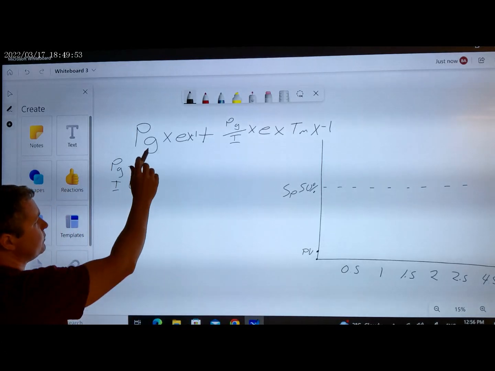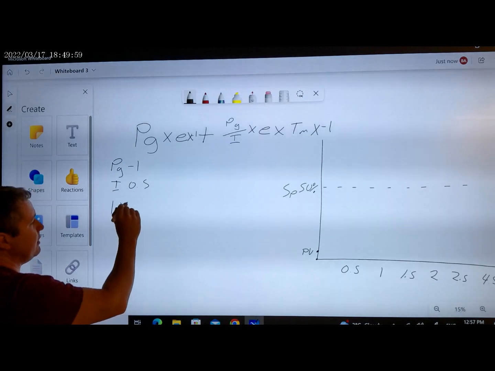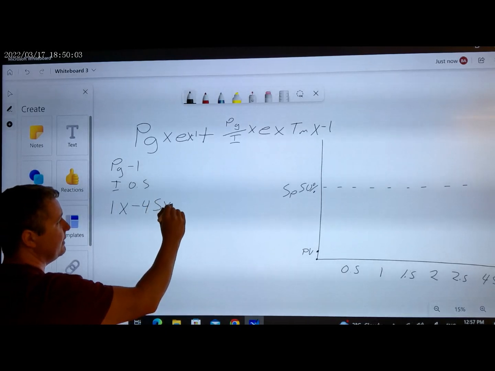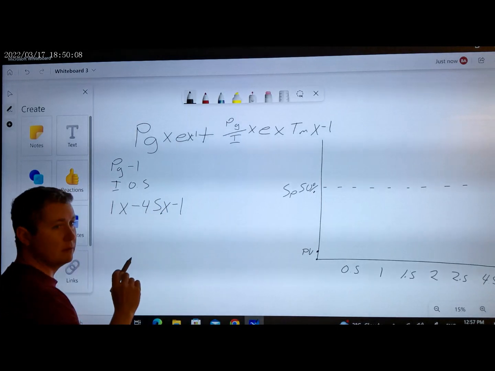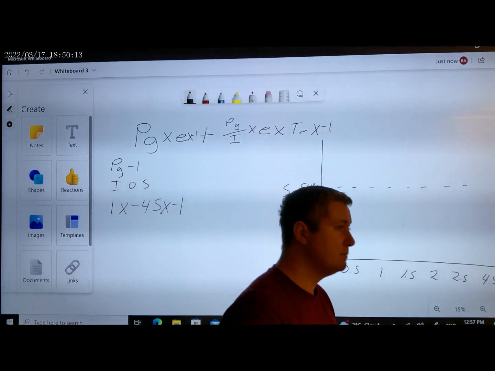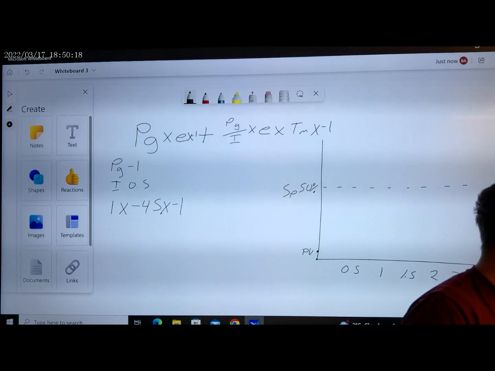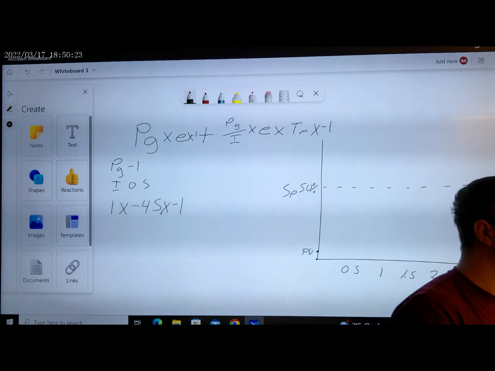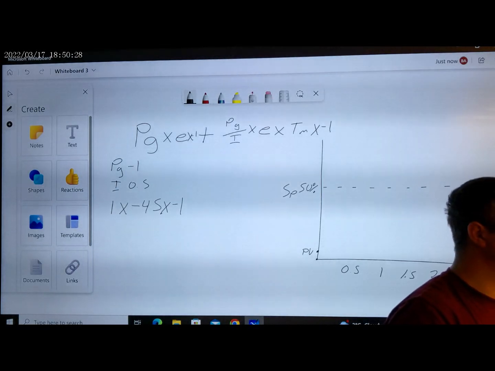So when we do this, we go proportional gain, which is 1, times our error of negative 45 times negative 1. When I put error in a formula, to determine if it's minus or positive, it will be first variable minus second one.